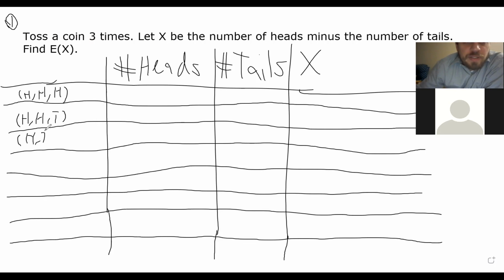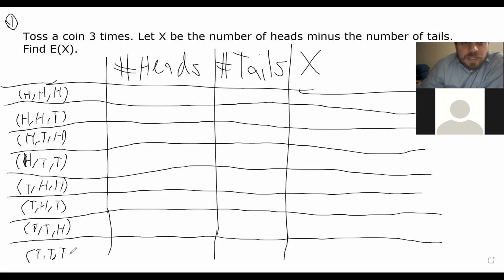You have heads, tails, heads; heads, tails, tails; tails, heads, heads; tails, heads, tails; tails, tails, heads; and then tails, tails, tails. Okay, so those are the 8 possibilities.